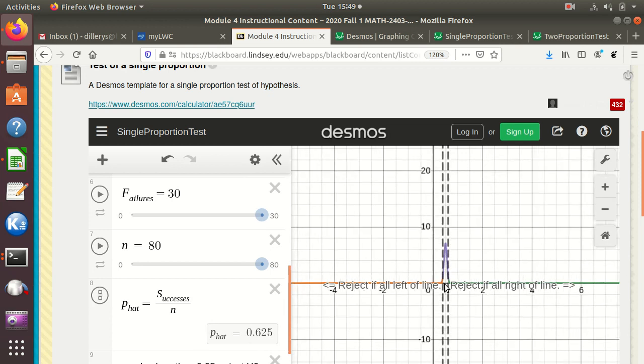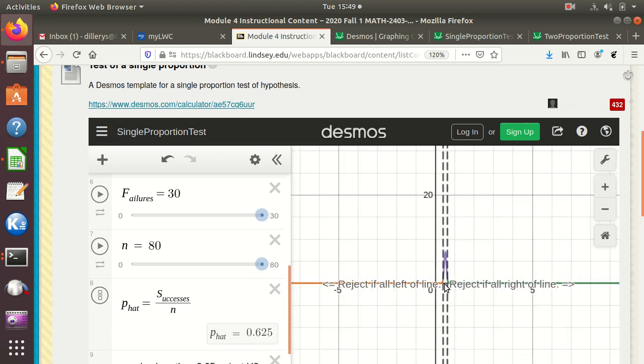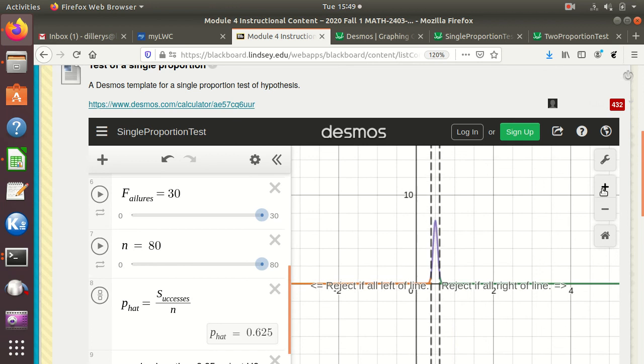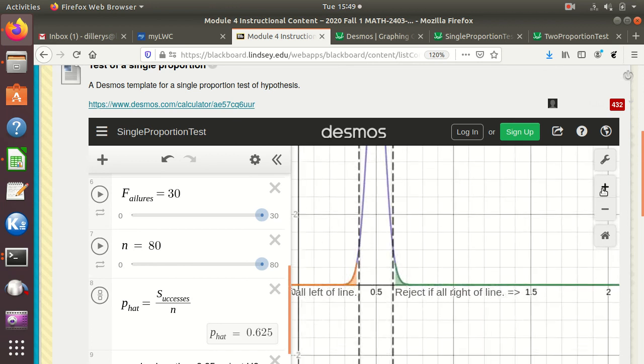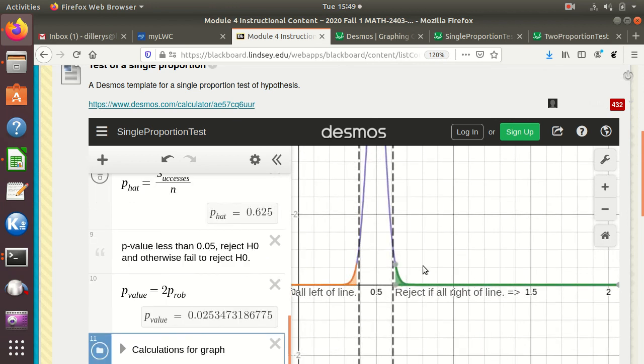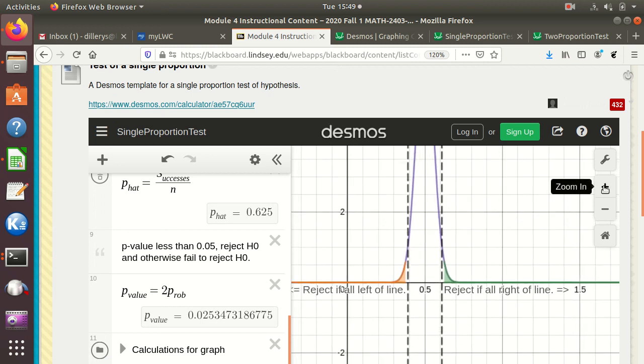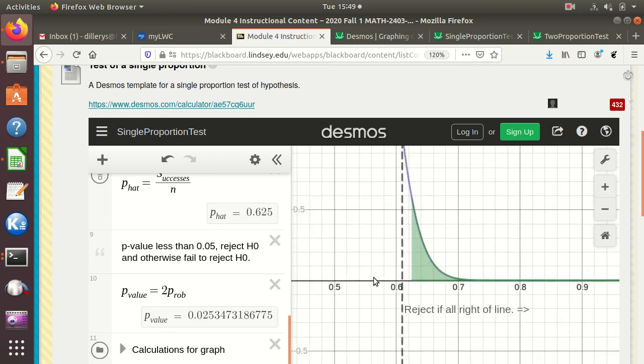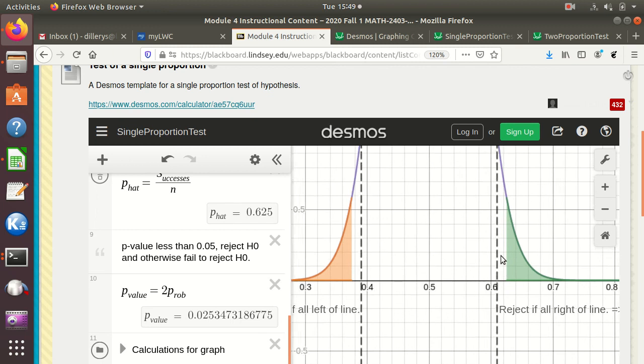It sort of doesn't seem to matter which way I rolled the mouse. It zoomed out. That was kind of weird. But what you see now is our p-value is down to 0.025, and those areas are outside. So same proportion, 0.625 for our data, but we had a whole lot more data.